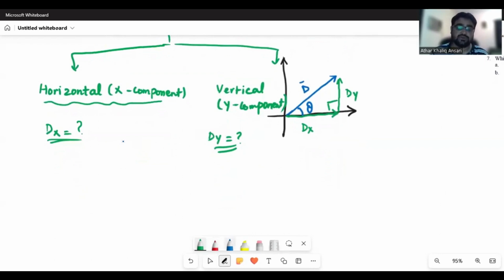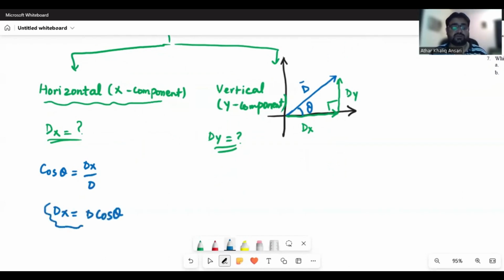So I am going to use cosine theta. You know that cosine theta is adjacent over hypotenuse. Adjacent is dx and hypotenuse is d. So I can say dx is equal to d times cosine theta.